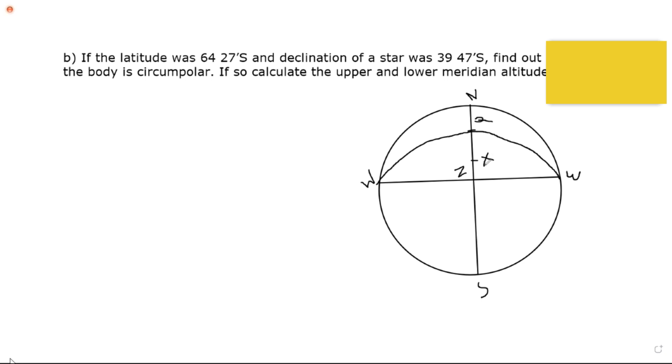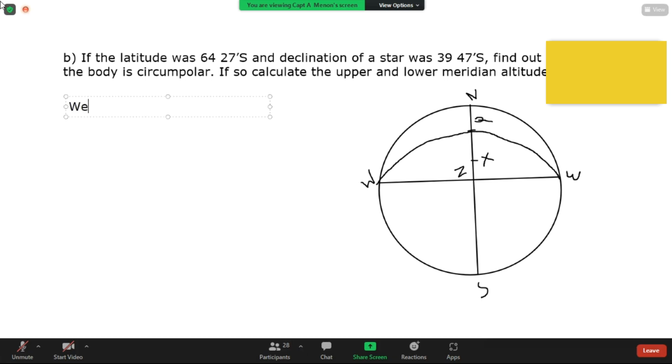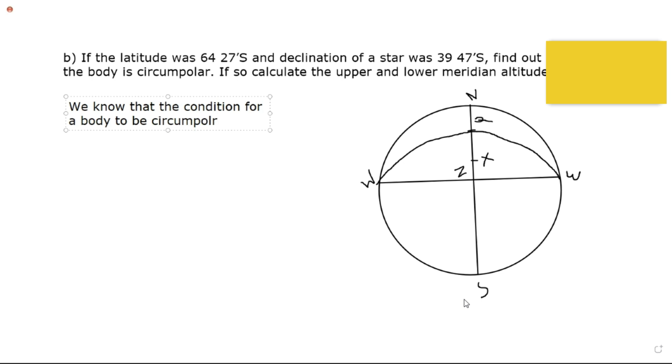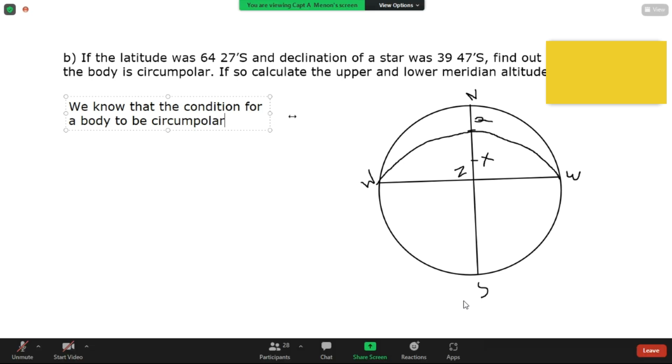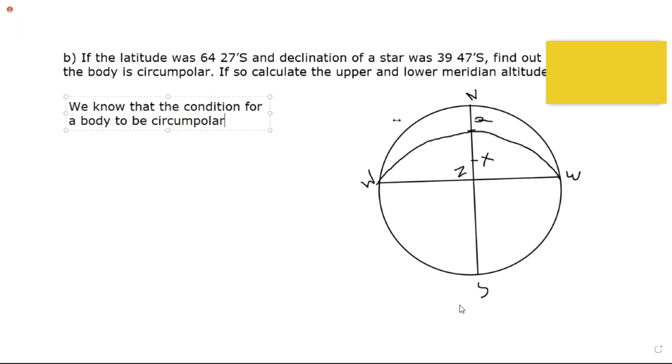Now we don't know it is, but we know the condition. So we can write here, in this case we write, we know that the condition for a body to be circumpolar, सर डेक्लिनेशन QX है ना. सर, तो ये मतलब है ना, तो आधा से ज्यादा होगा ना.